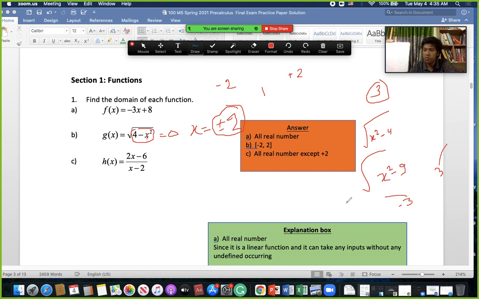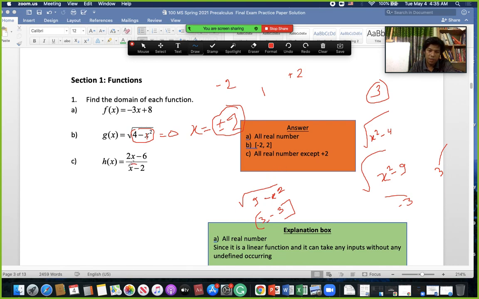But for the same question, if we write it this way, 9 minus x squared, they are not the same question. Suppose the question is 9 minus x squared, then the solution will be from minus 3 to plus 3. So this way they are different. Okay, and the values are included because at plus 3 and minus 3 the function becomes 0. 0 is valid here.